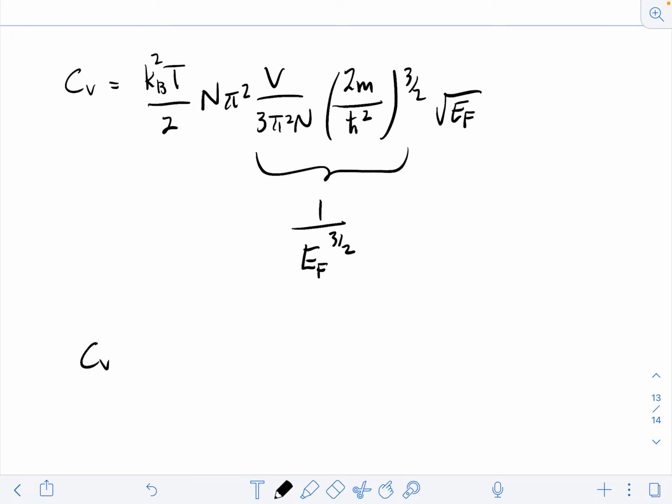So canceling everything, we have CV is equal to kB squared times T N, and there's a pi squared over 2, and then we have 1 over the Fermi energy.